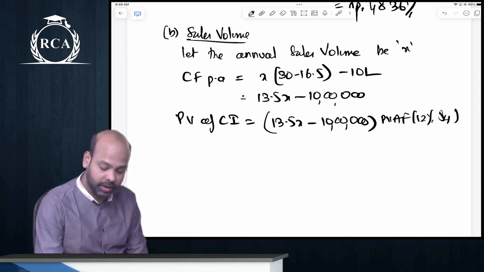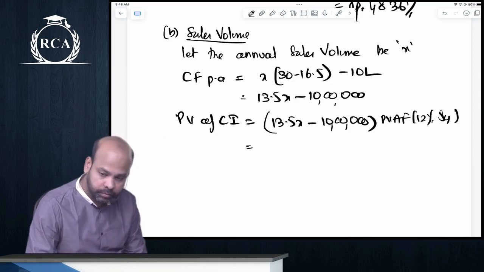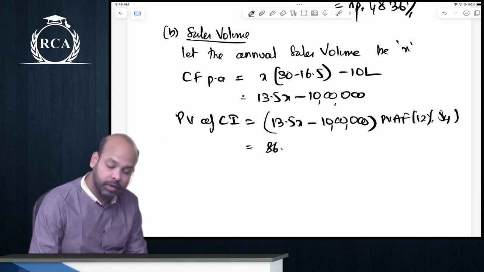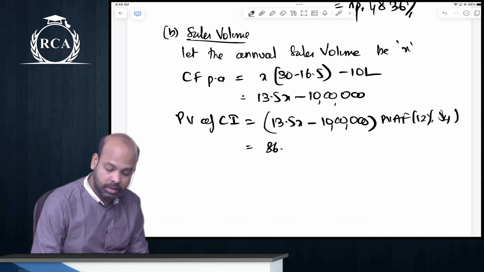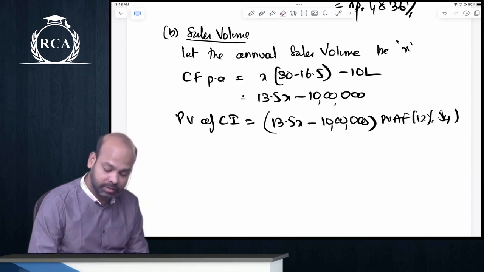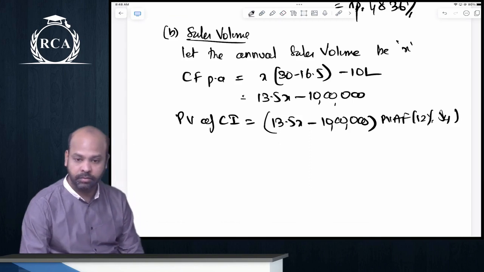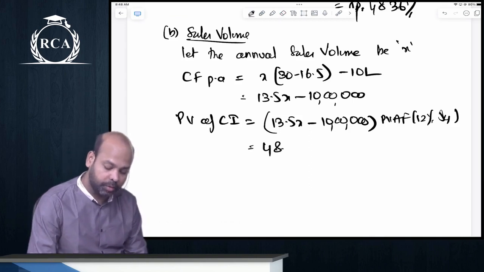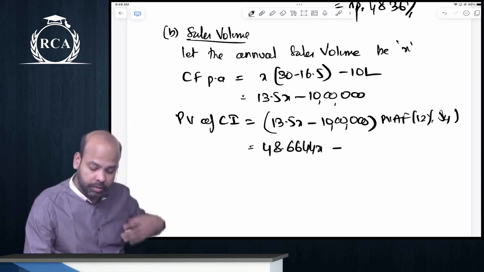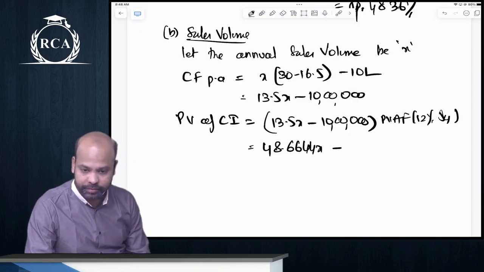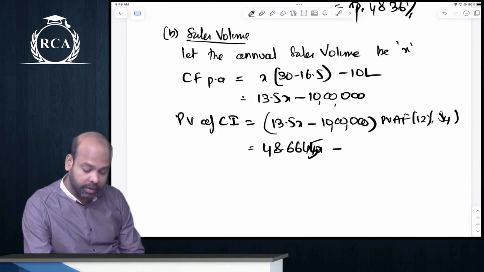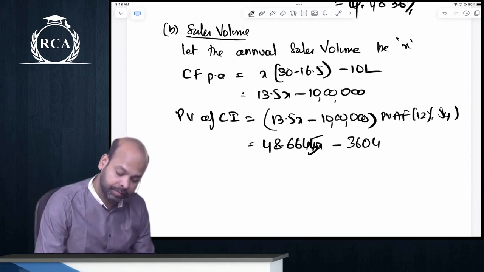How much is this present value, beta? 13.5 into PVAF at 12% for 5 years, how much is it, beta? 48.6645. How much is 10 lakhs into that, beta? You wrote earlier, no? 36 lakhs 4,776.